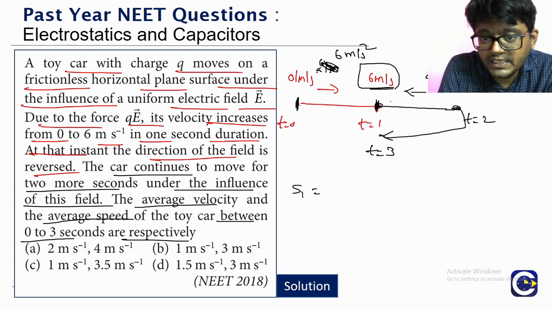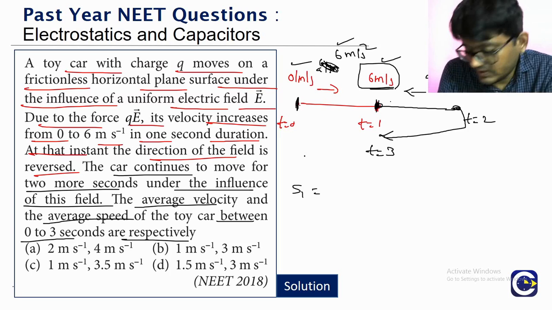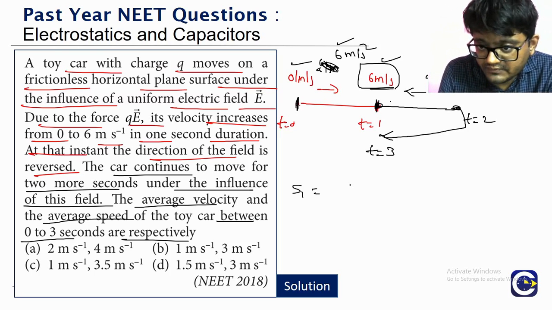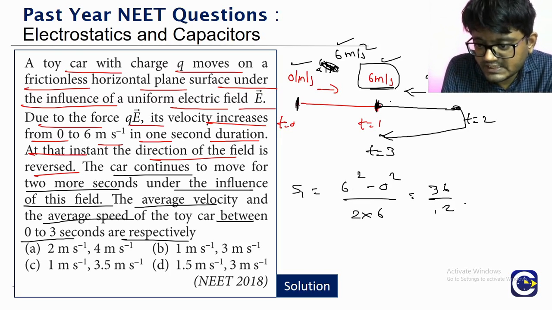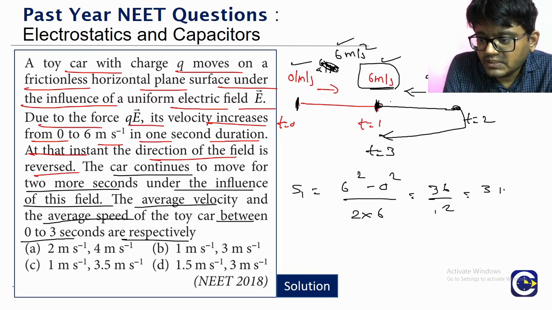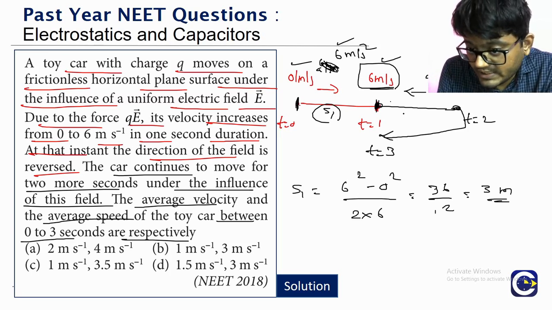Initial velocity is there, final velocity is there. We have acceleration. So we have V square minus u square by 2 into acceleration. That is 36 by 12, which is 3 meters. That is this S1.